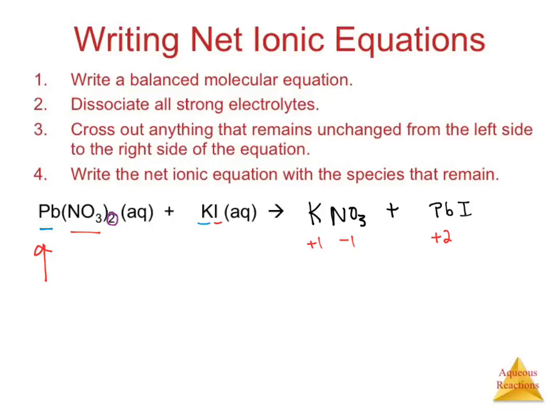We are running under the assumption that it did not change in the course of the reaction. So lead carries a +2 charge. Iodide carries a -1. Is our charge balanced? No, which means we need to fix that by putting a 2 as a subscript right after the iodide.